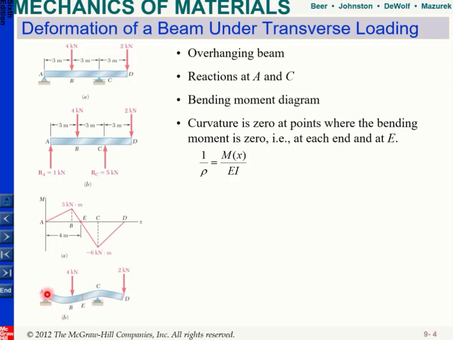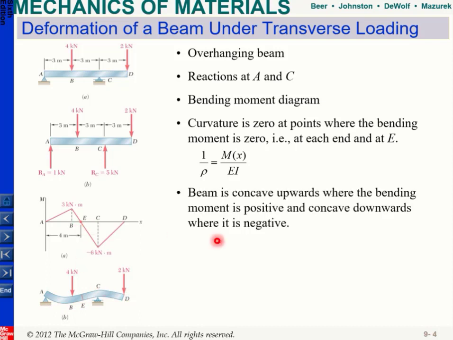You expect that it will be concave up from A to C, actually A to E, and then it will be concave down from E to D. So when your moment is positive, your beam will be concave upwards, and when your moment is negative, between E and D, it will be concave downwards, okay? So from this moment diagram, I can guess how my beam deforms.